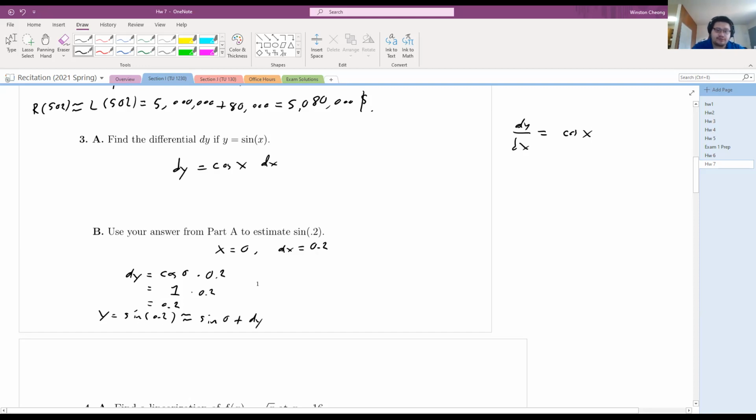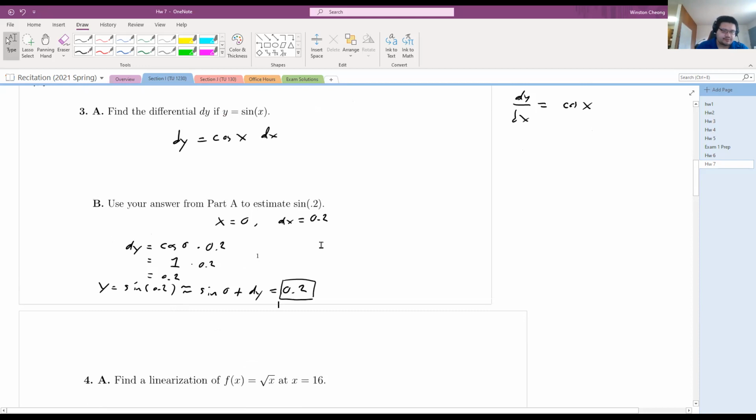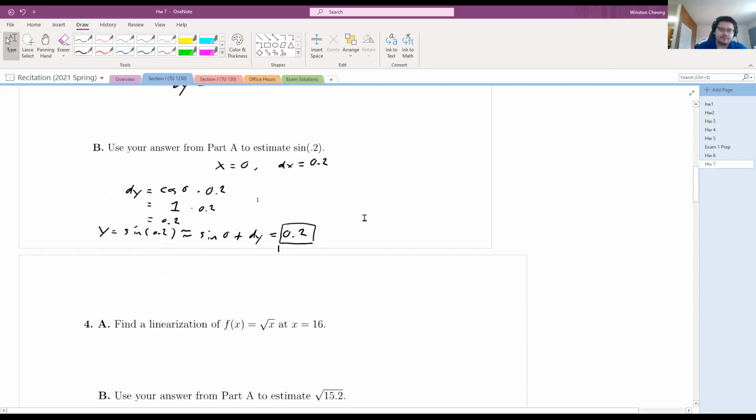Well, sine of 0 is just 0, and the dy is what we calculated just before. So we get that sine of 0.2 should be approximately 0.2. And then you can check with the calculator to see how close you are to that. This is just an approximation based on calculus, right? But this is how you would answer part B.